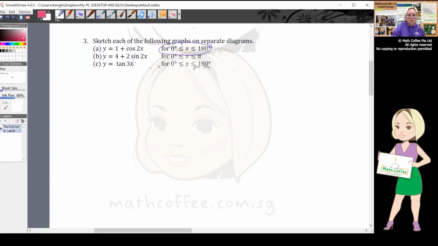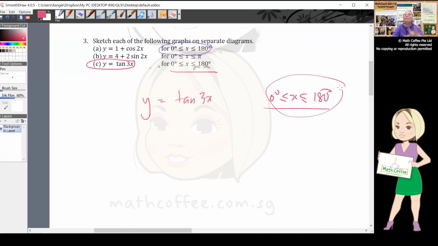So now we're going to draw this graph, and they asked me to draw up to 180 only. Y equals tangent 3x. They asked me to draw x from 0 to 180 degree. I always put this on the right hand side, just to remind myself that after I finish my period and amplitude, I know where I need to draw up to. Amplitude in front is 1, so no change.